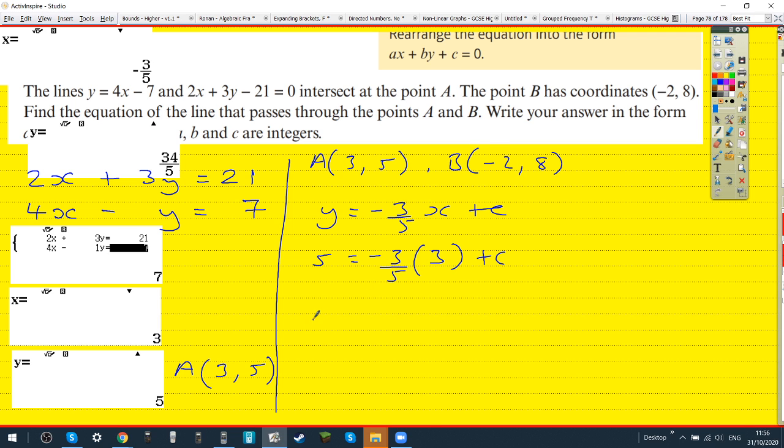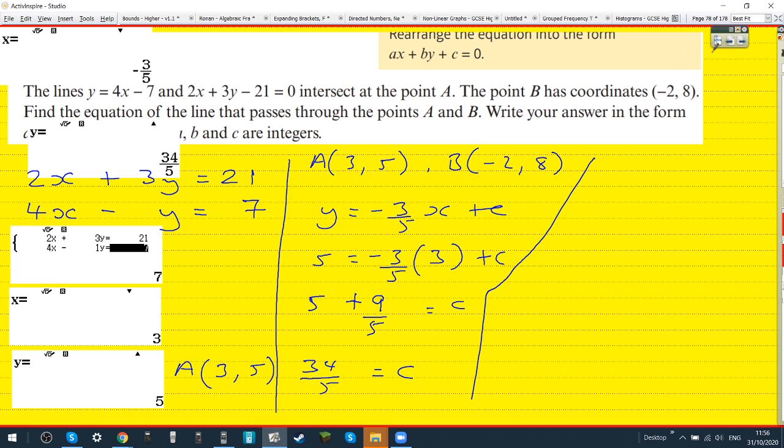And then could you add 9 over 5 on both sides? Yep. 5 add 9 over 5, so it'd be 34 over 5 equals c, or 6.8. Let's leave it as 34 over 5.